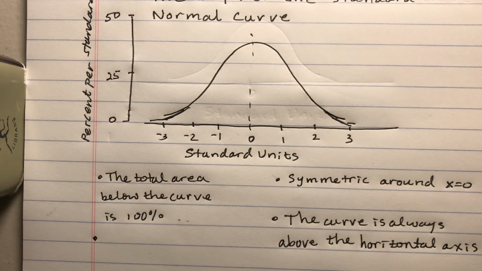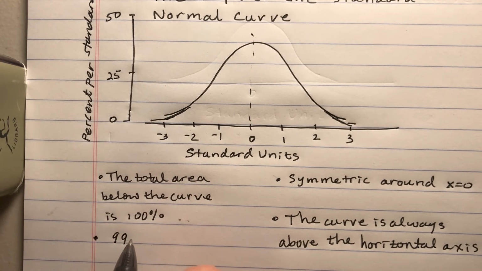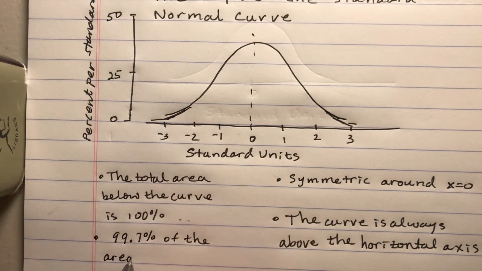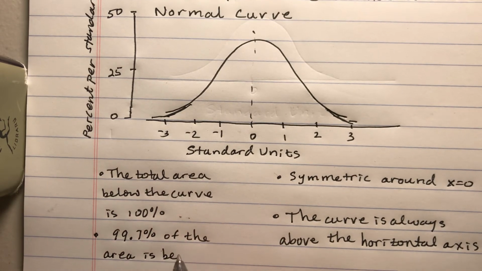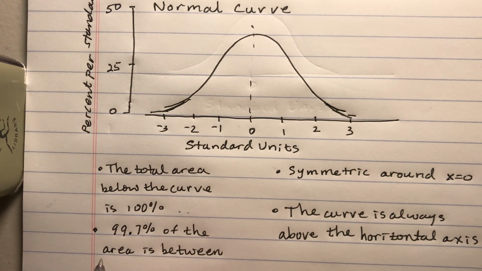And well, 99.7% of the data, of the area, is between -3 and 3.